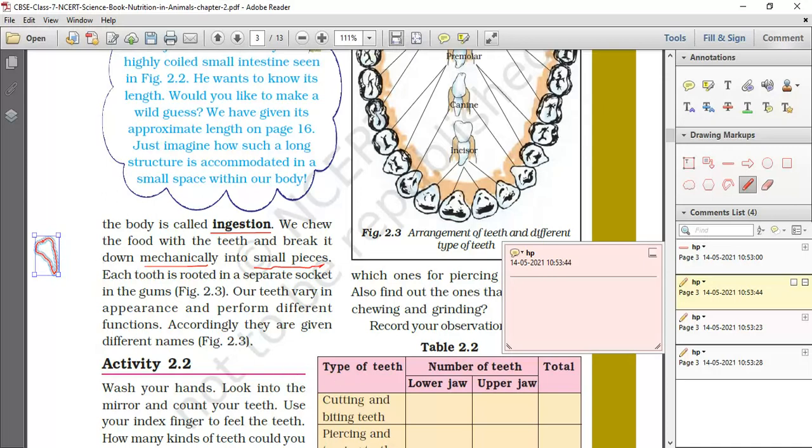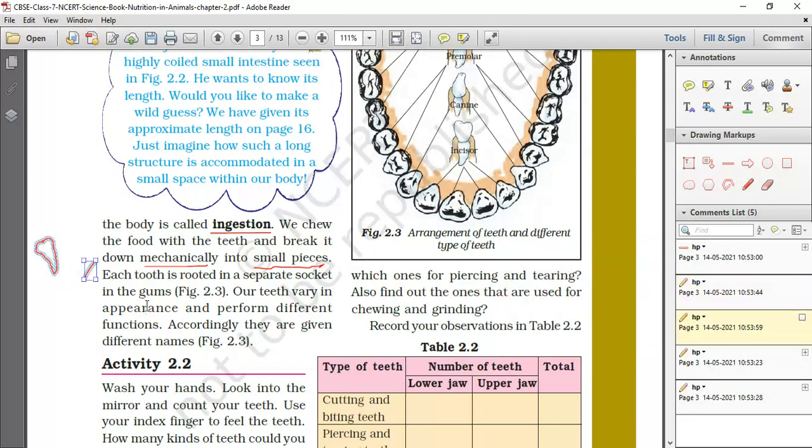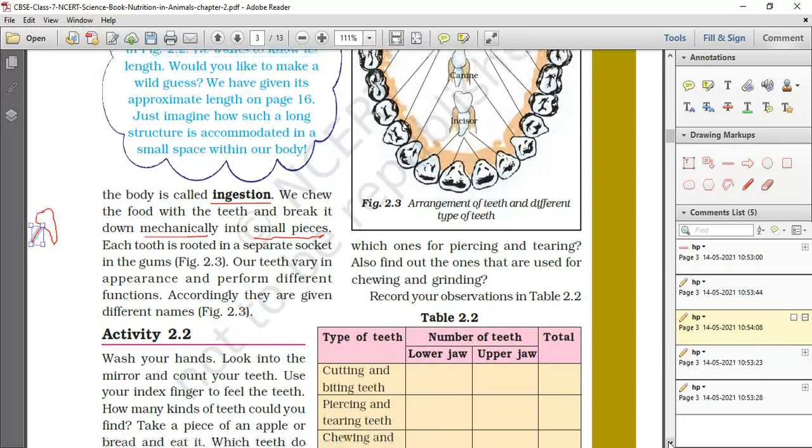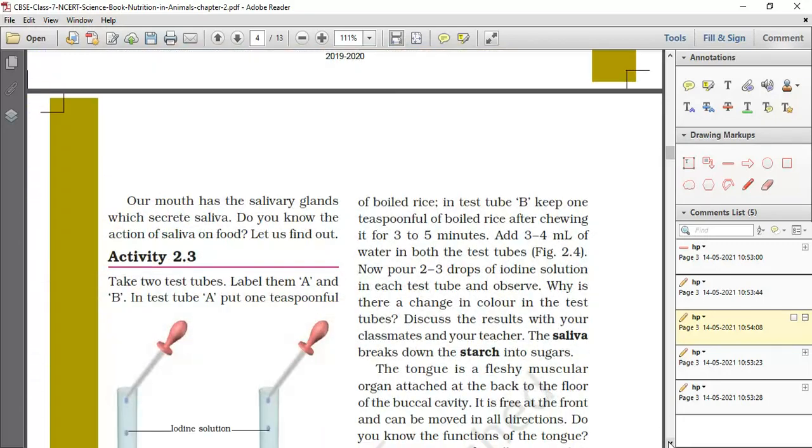The tissue around the sockets is what we know as gums. These are some of the things you have heard about. So they are embedded. This exercise we have done earlier. So moving on to the next.